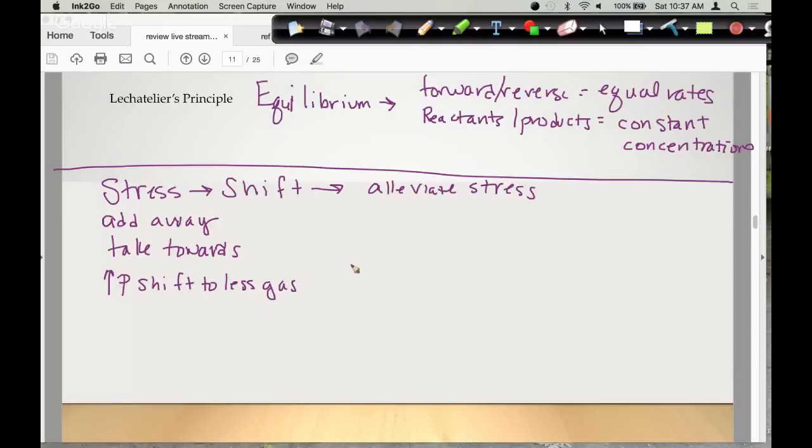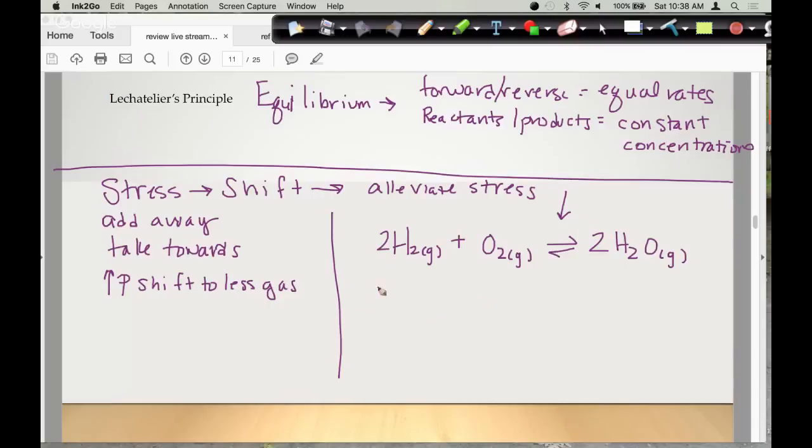We also said that if you increase the pressure, it shifts to the side with less gas. So for example, if I have 2H2 gas plus O2 gas in equilibrium with 2H2O gas. The double arrow, remember, means that it's reversible and at equilibrium. And they say, what is the effect on the system if we add H2 gas?